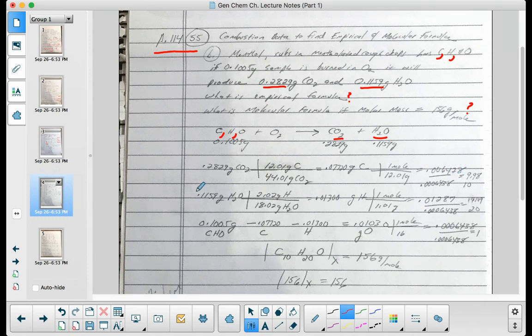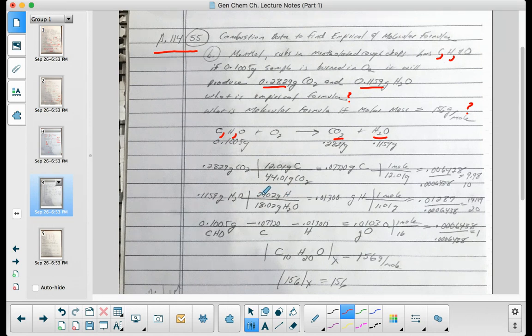Now I'll do the same procedure with the water. I can say, all right, what percentage of this water is hydrogen? Because whatever hydrogen is here has to be the same amount of hydrogen in grams that's here based on the law of conservation. So if I have it as a reactant and as a product, they have to be equal. So I use 2.02 for the hydrogen because there's two of them.